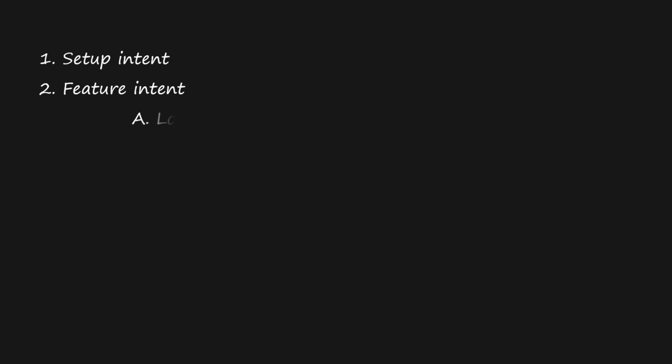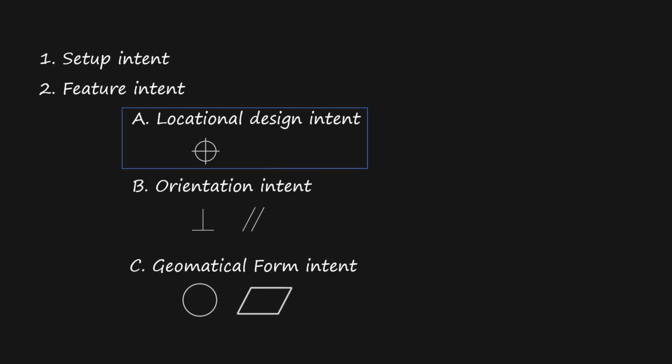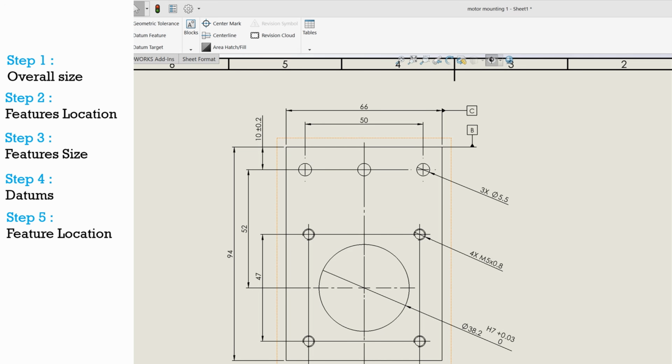And now let's try to define the feature related design intent. And as per my experience, it is always better to first define all the positional design intent, like position control, and then define orientations and geometrical form controls. So in the coordinate tolerancing method, we used to control the feature size and also the location with the tolerance, something like this.